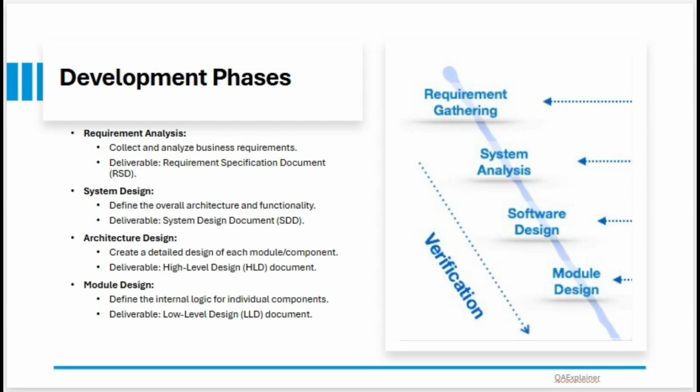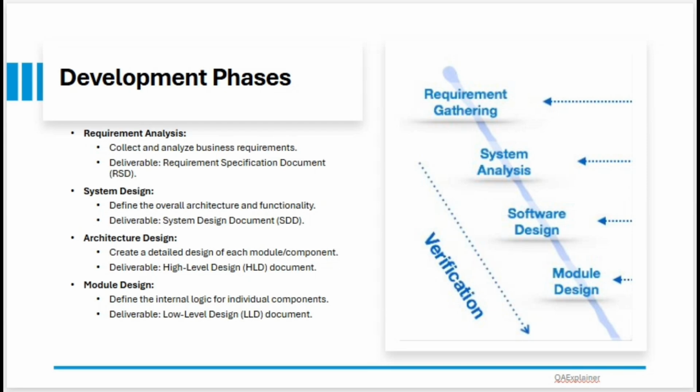In requirement analysis, the business analysts collect the requirements from the client side. They check whether our requirement specification document is there or not, and if possible, they convert the CRS, customer requirements specification, to the SRS, software requirements specification.